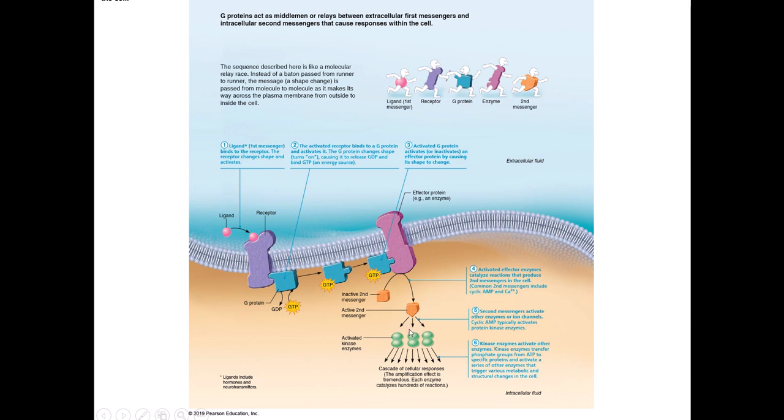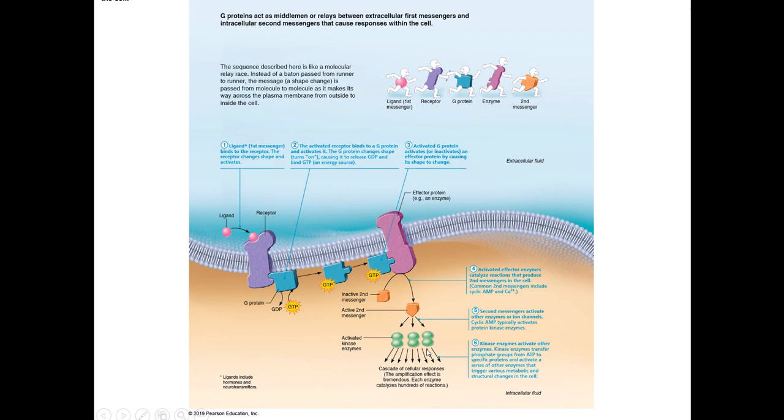And then these second messengers usually activate what we call protein kinase enzymes. And protein kinase enzymes can do all kinds of things. They can cause structural changes in the cell. They can change metabolic rates of the cells. They can open and close ion channels.